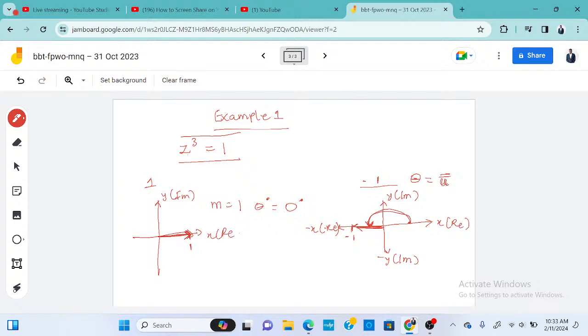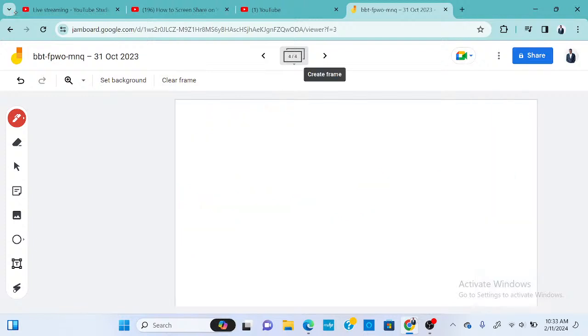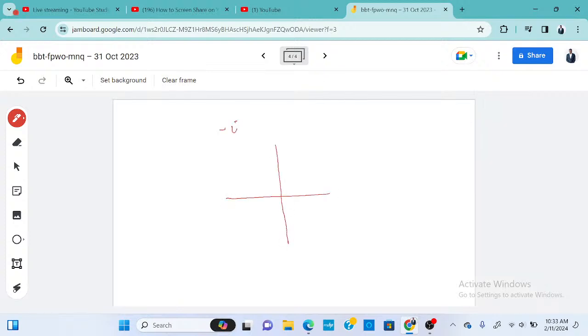Let's see that for negative i. So when we consider negative i on the Argand diagram, negative i will surely fall on the imaginary axis, but on the negative side. So I have my negative imaginary axis and my positive real axis here. Since it is negative i, it has a coefficient of 1.